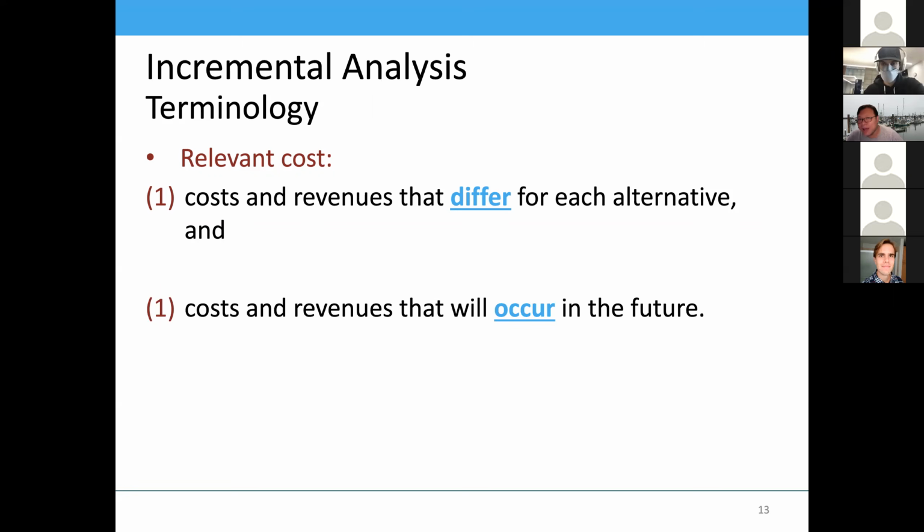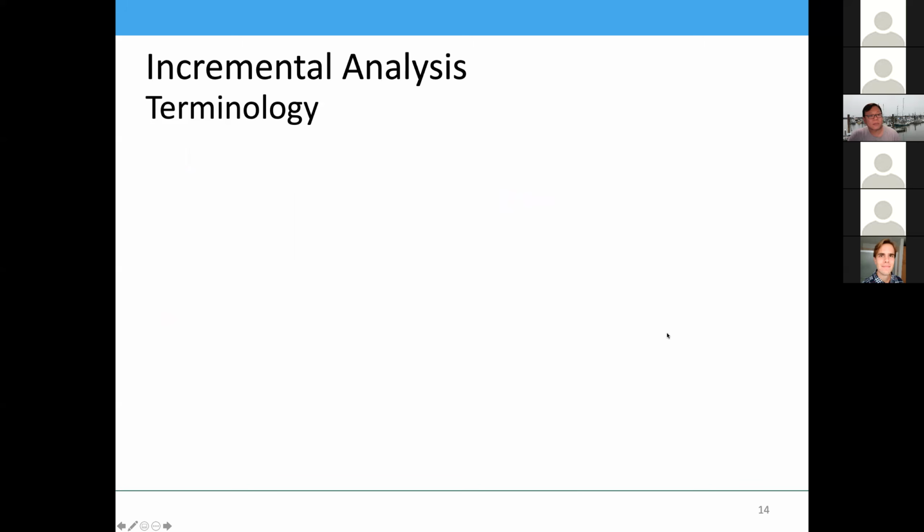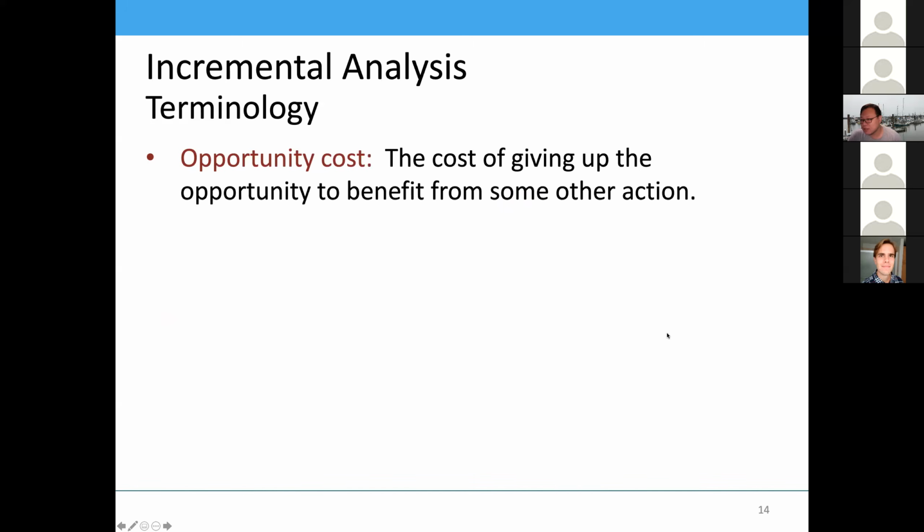Because the reason why we are comparing the alternatives, we want to see what the outcome will be like, right? If that cost will never occur, then why would you even put it in the model, right? So first has to be different, and then it has to occur in the future. What is opportunity cost? So opportunity cost is the cost of giving up the opportunity to benefit from some other actions, okay?